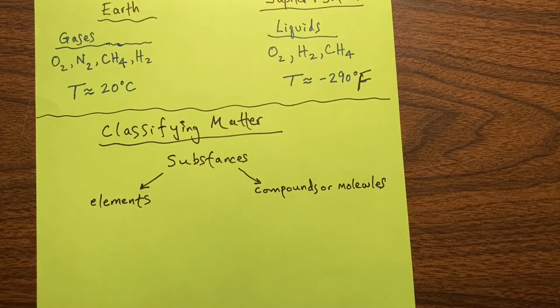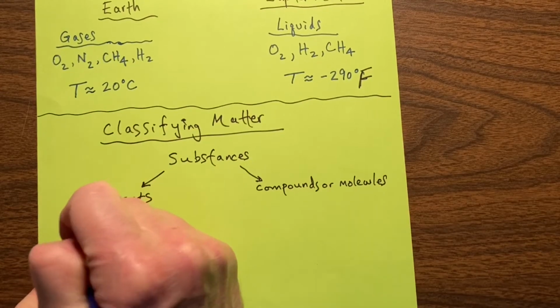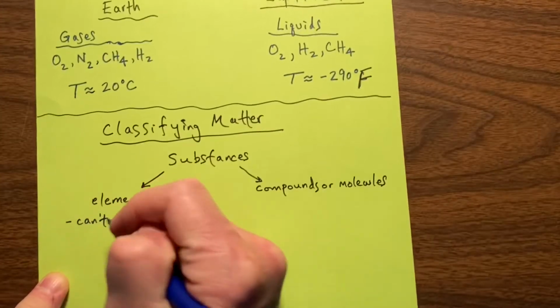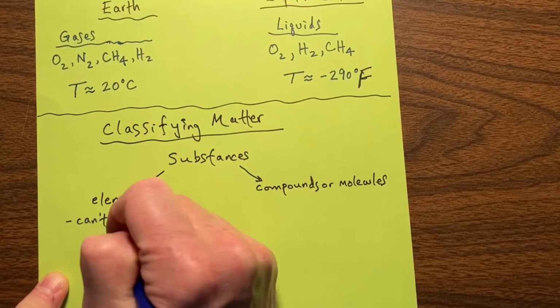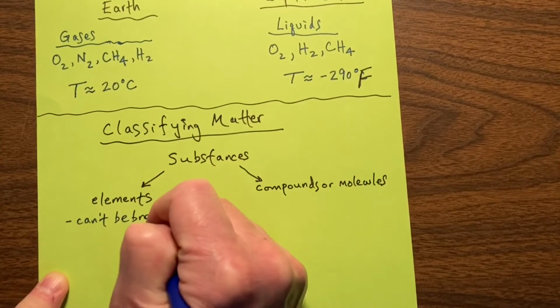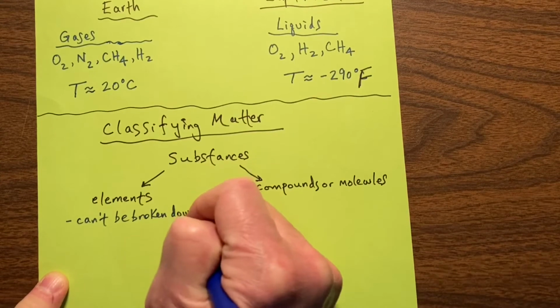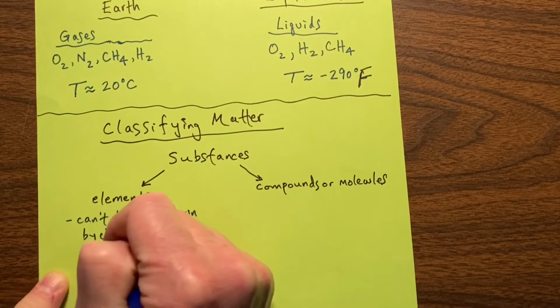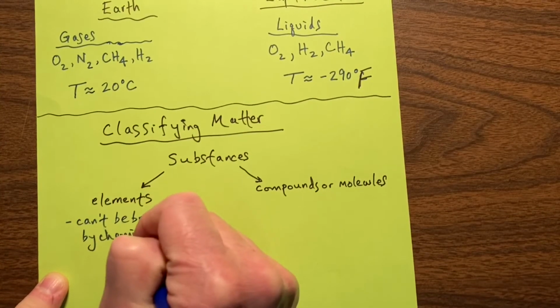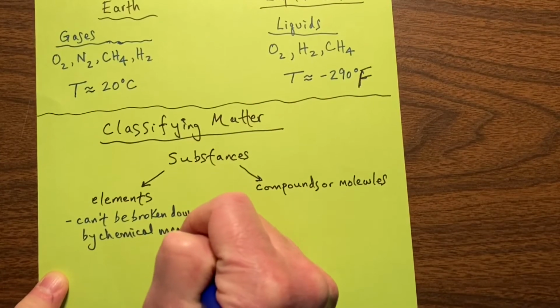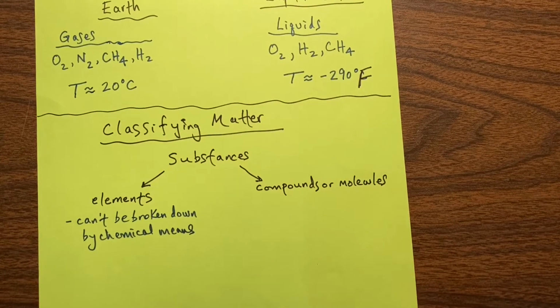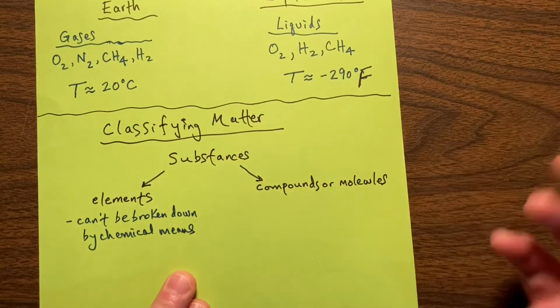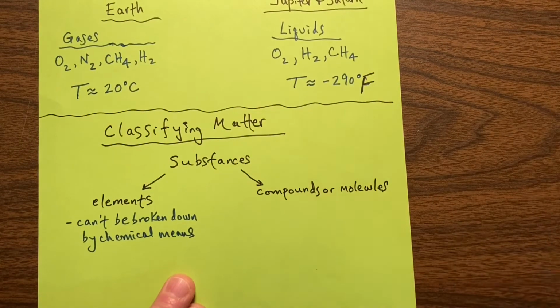So if you want to distinguish between an element and a compound, elements are things that cannot be broken down by chemical means. You can break them down by nuclear means, but a chemical reaction cannot break down an element, it just converts the element, or shuffles the elements around.